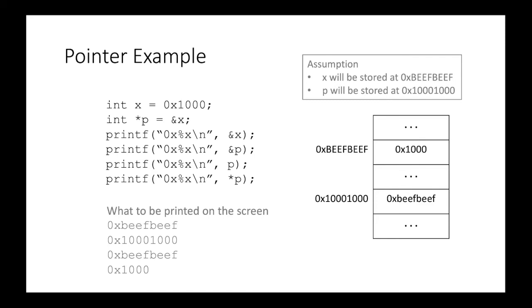So it will print hex 1000. The third printf statement prints the value of p, which is the address of x, hex beef. The last printf statement prints the dereferenced p, which is hex 1000, the value of x.